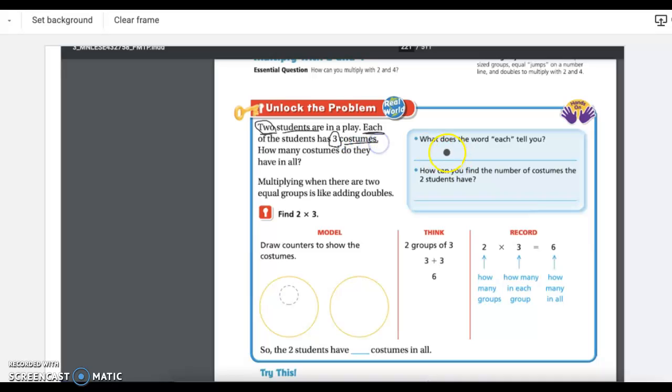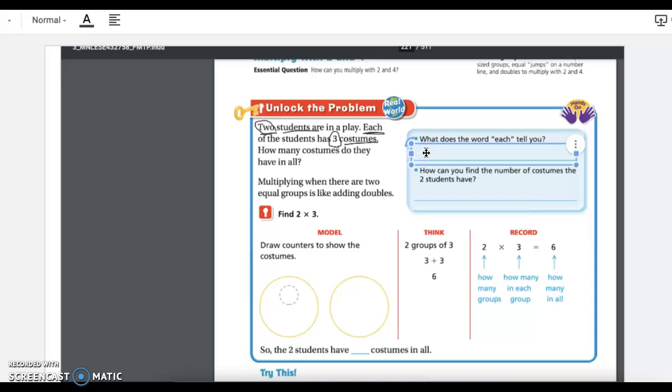Okay? What does the word each tell us? Well, the word each would tell us that both of the 2 students have 3 costumes, or that there are equal groups, right? So what does the word each tell you? The word each tells us, I'm going to type that in.